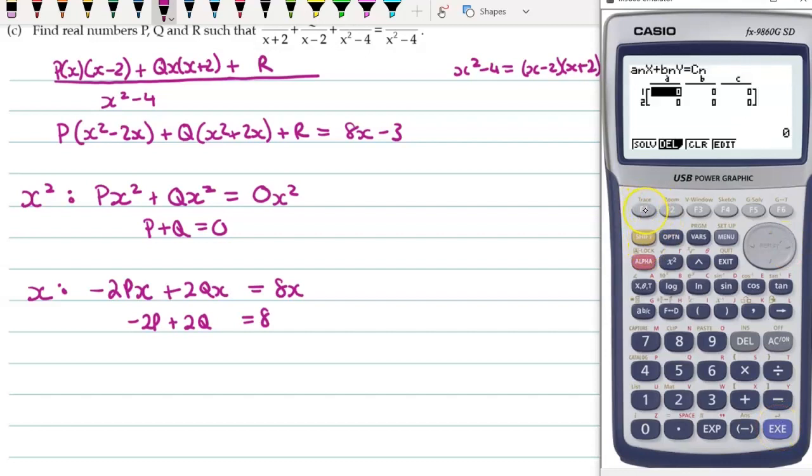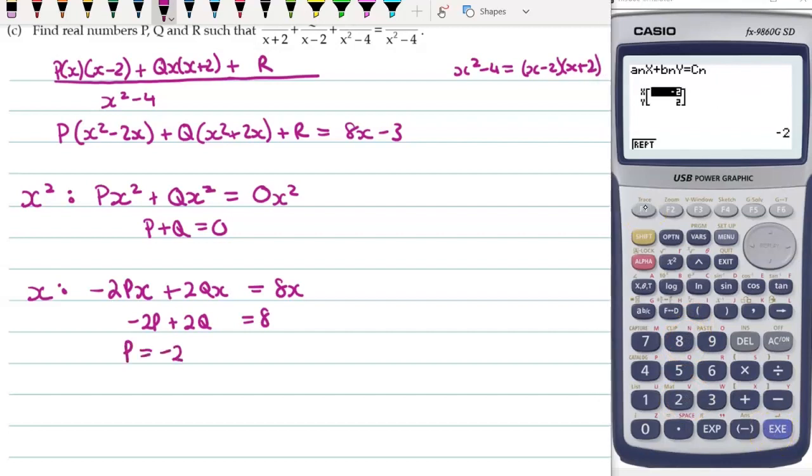So we've got two unknowns, and the first one has coefficients 1, 1, and then the constant is 0. And then the second one, we've got a minus 2, a 2, and equal to a constant of 8. We solve that. We've got p is equal to minus 2 and q is equal to 2.